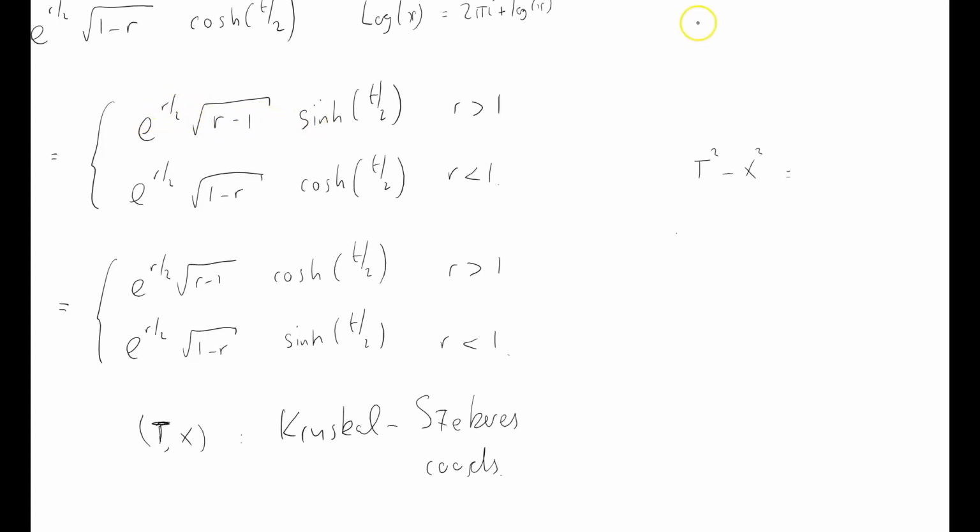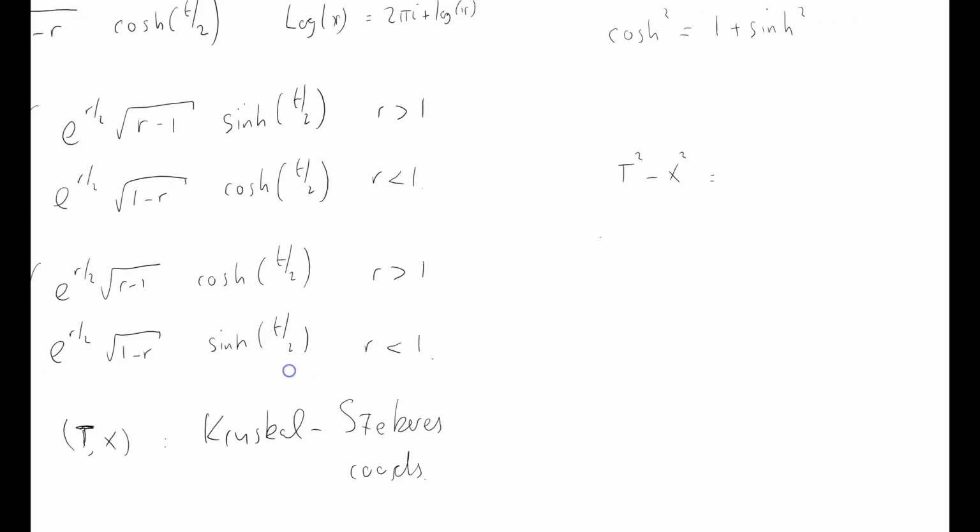And then we use the fact that cosh squared equals 1 plus sinh squared to give us the fact that t squared minus x squared is just (r minus 1) e to the r. That's quite nice, because cosh squared minus sinh squared equals 1, and that's true irrespective of whether or not r is greater than 1.